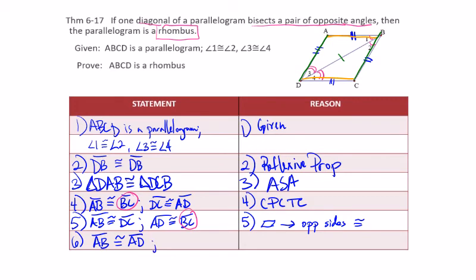And BC must be congruent to DC, right? Because they're both congruent to AD. So that's by transitive property of congruence.